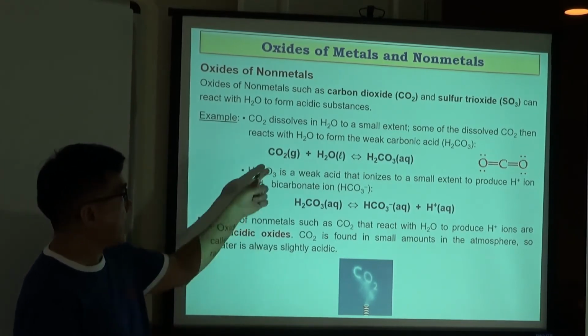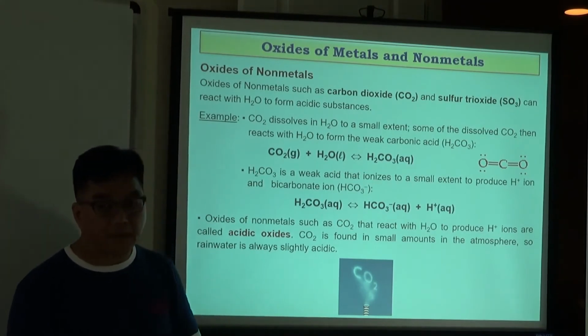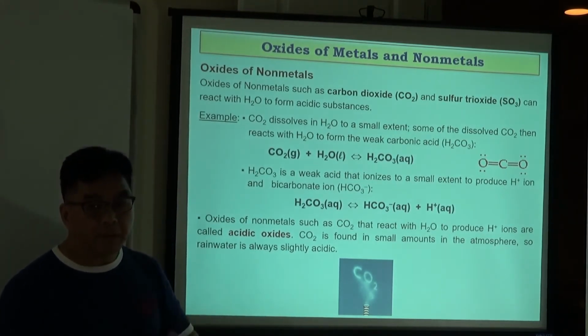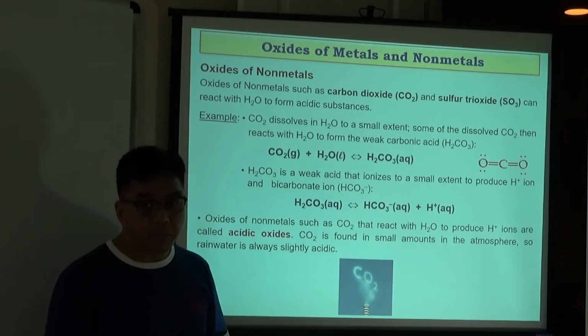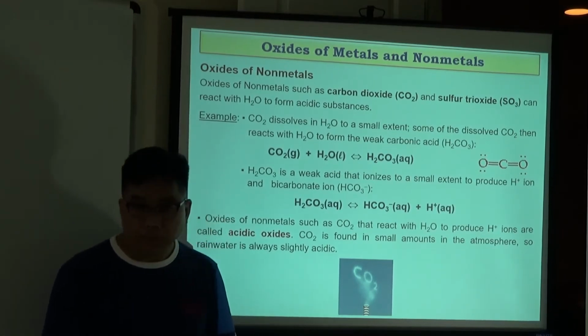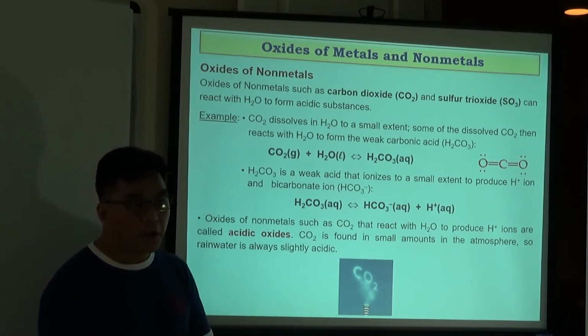For example, carbon dioxide is a global warming gas. It's produced in nature, but a lot comes from human activity, for example the burning of fossil fuel, car engines, and things like that.